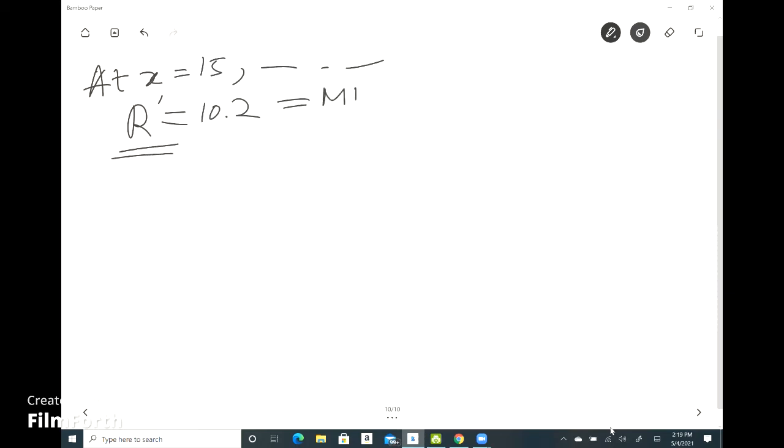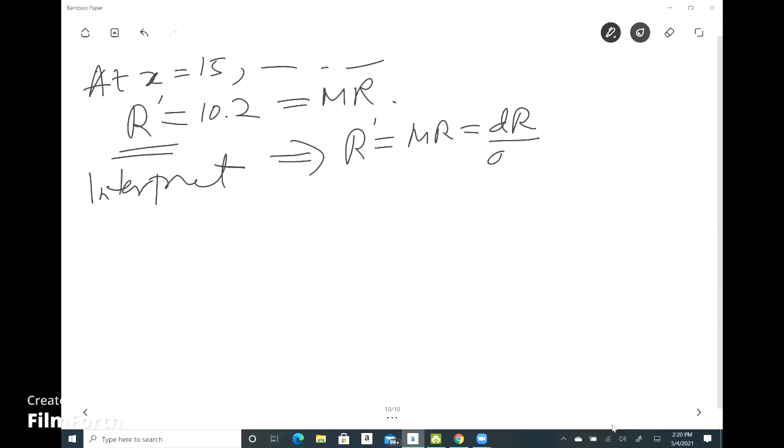So now, next part is, how do we interpret the marginal revenue, which you get from the derivative? Now, when you want to interpret, we want to use this R prime, which is the marginal revenue, equal to dr/dx.